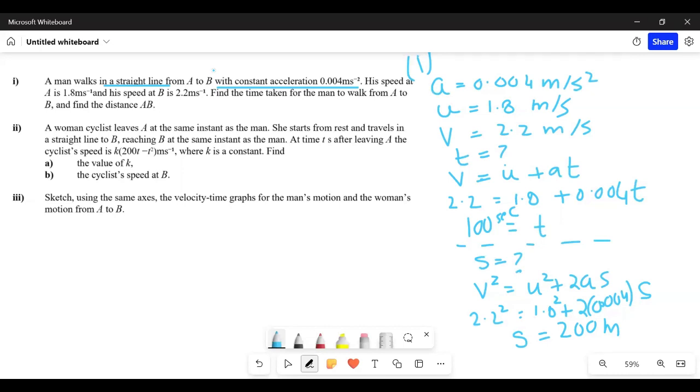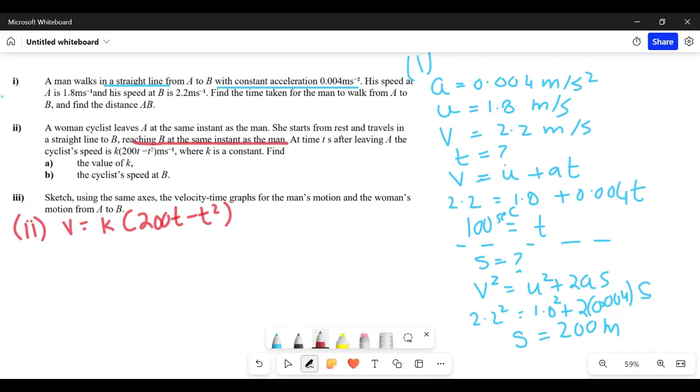Now we are given the speed equation for the woman cyclist: v equals k times (200t minus t square). She starts from rest and travels in a straight line to B, reaching B at the same instant as the man.